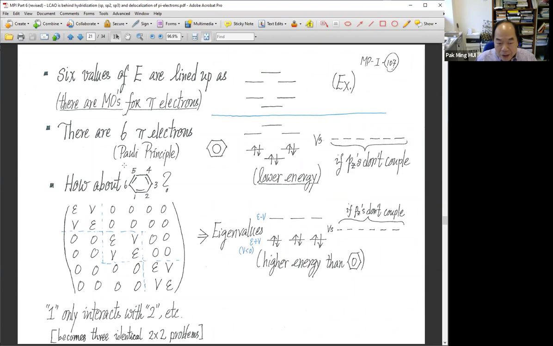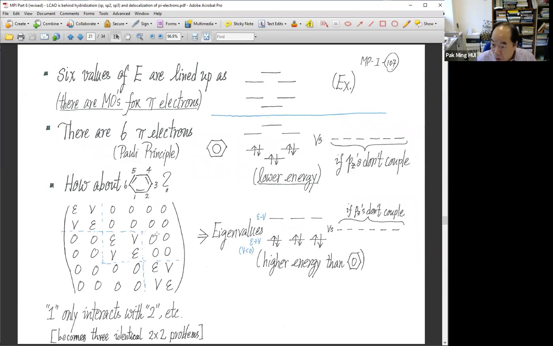If it is this structure, it is saying that 1 will only combine linearly with 2. So we have a V in H12 and H21, but 1 will not couple with 6, so this becomes 0.